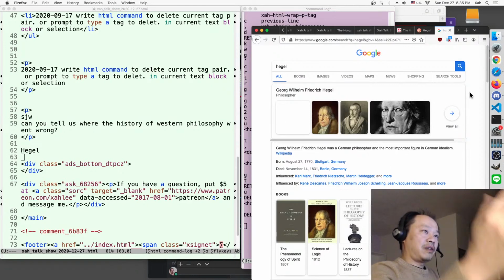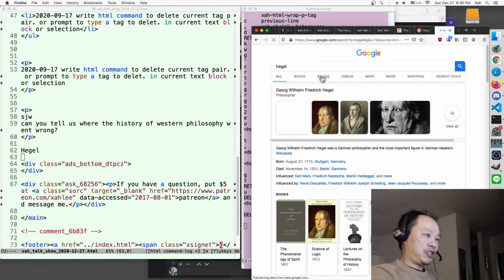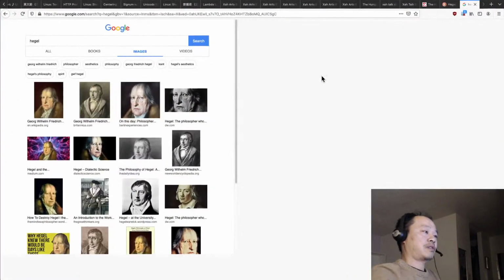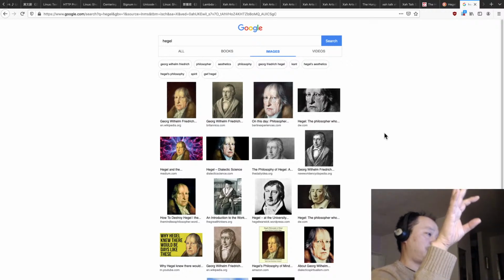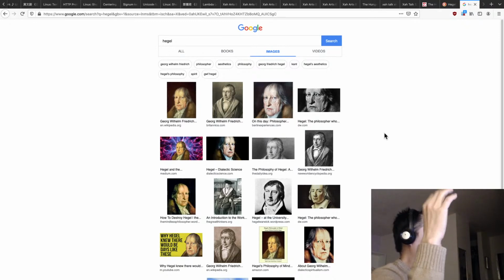But in Google, if I click images, this is what Hegel looks like. He's a con man in philosophy, one of the greatest con men in philosophy. Basically, he's the one who began this bullshit philosophy. This is just my opinion.